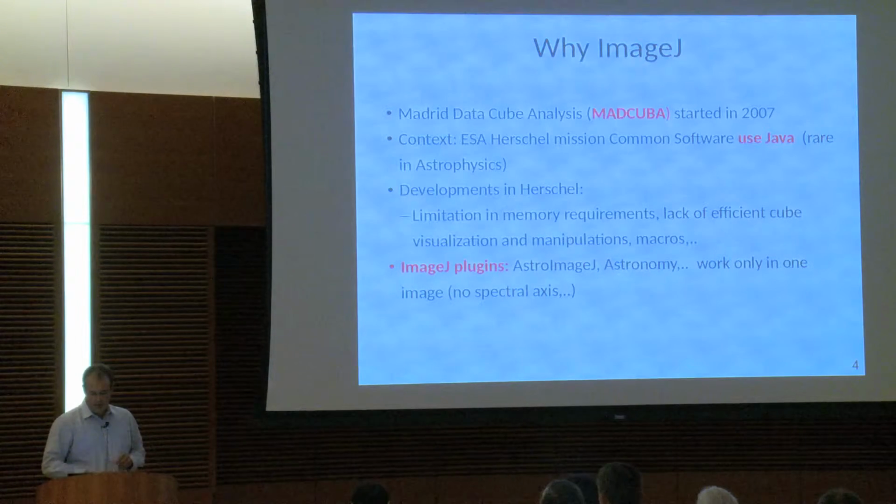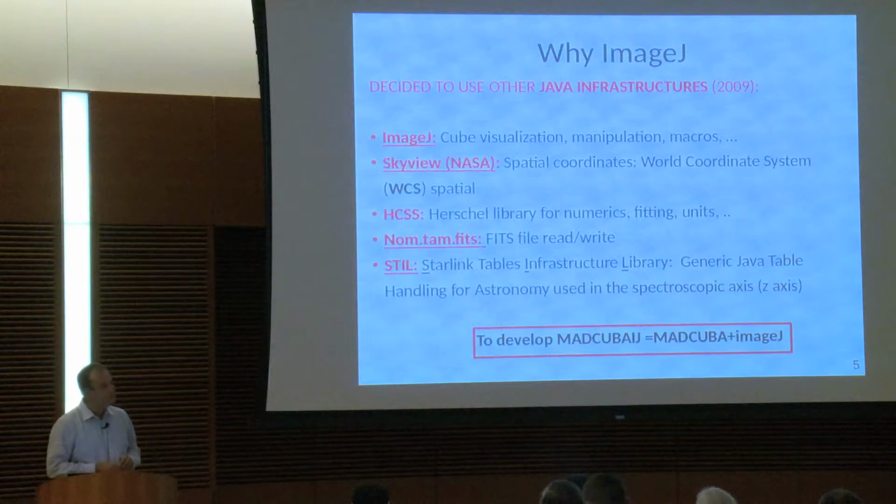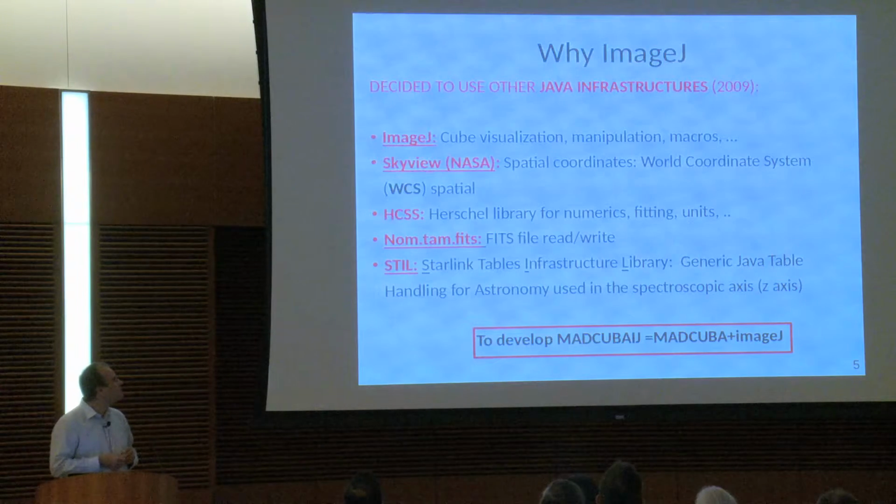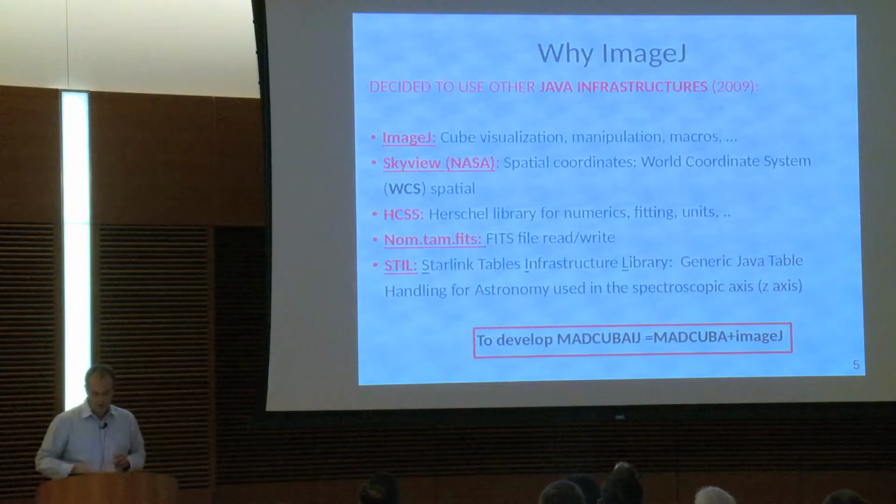At the beginning of 2009, we decided we had to take several libraries from everywhere for our tools. So we use JMSG for image, and SkyView for spatial coordinates, and other libraries like nom.tam.fits, which is the library that opens the files we work with.